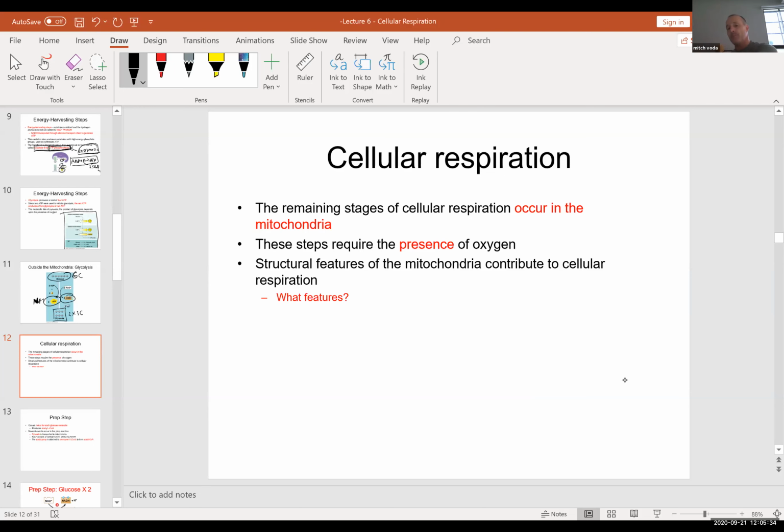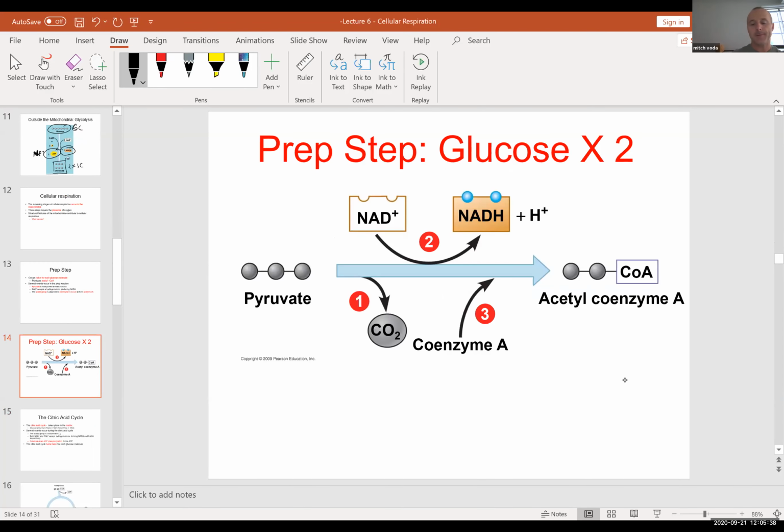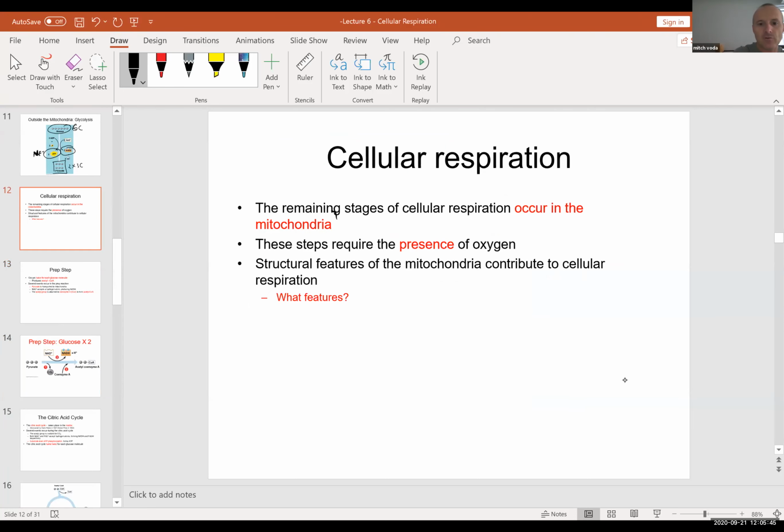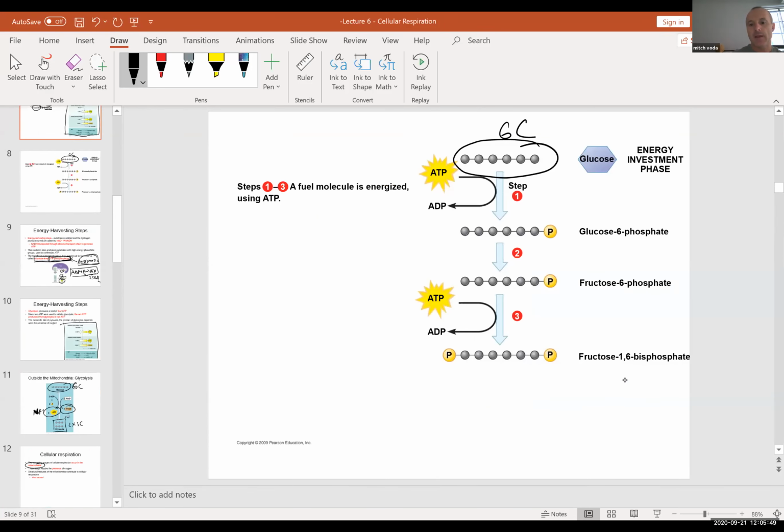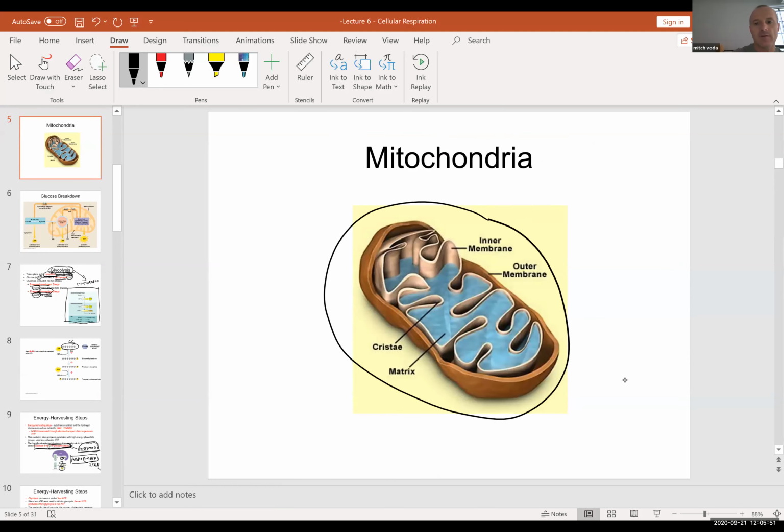Now, the next steps, as I started in the previous whiteboard, take place in the mitochondria. Everything from here takes place in this little organelle. This part right here is called the matrix, and it has all the enzymes required by the reactions.